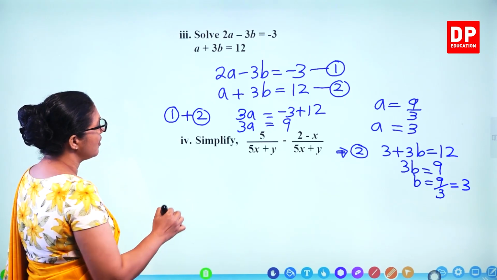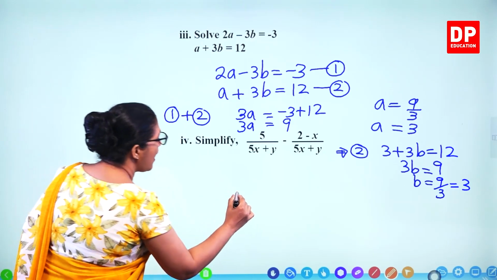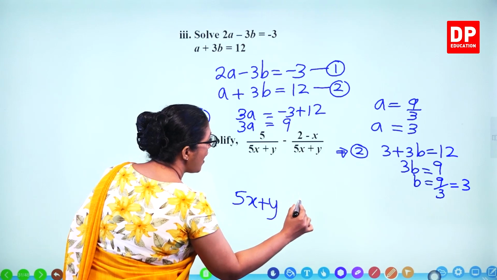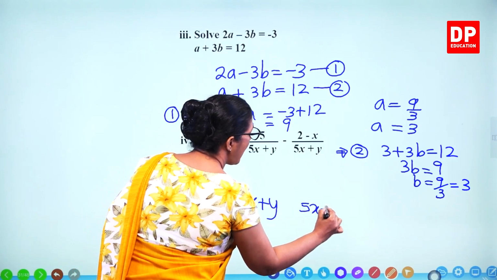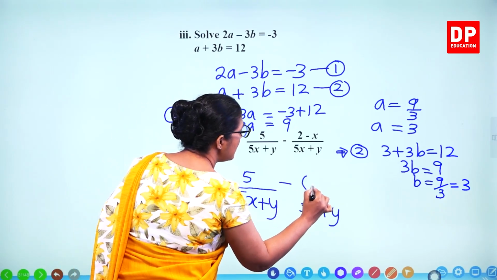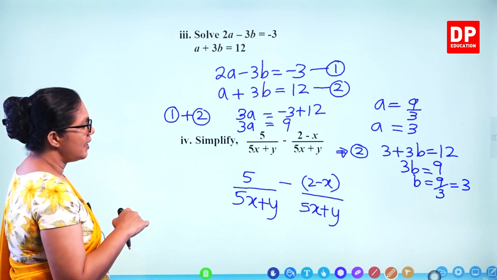Next one, algebraic fractions, but same denominator. So like normal addition or subtraction of fractions, you can just add it or subtract it here. Make sure that you put the minus sign and the bracket here.